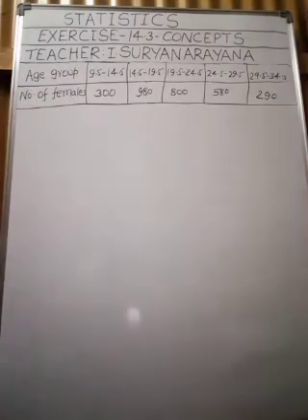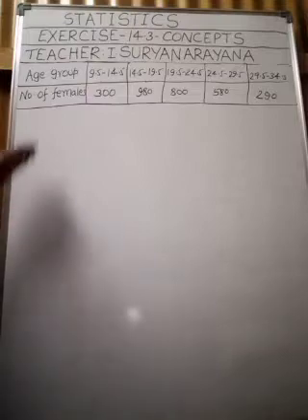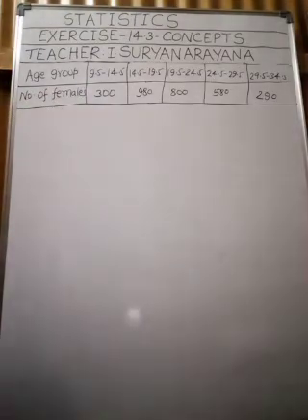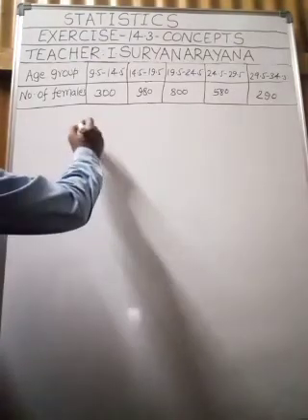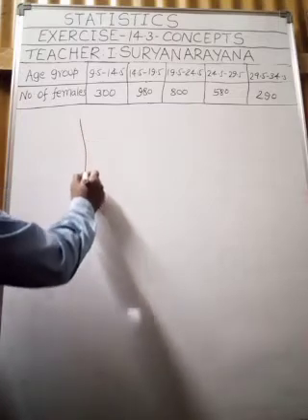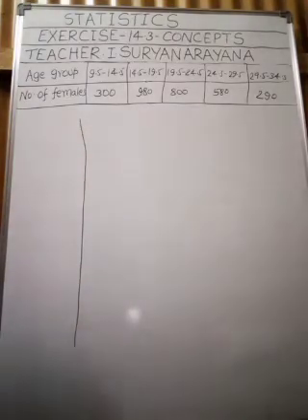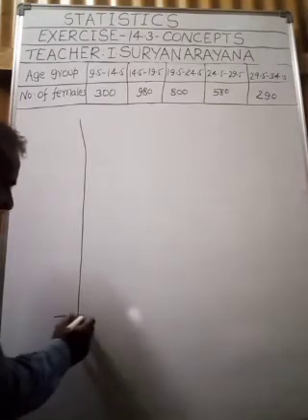This is a continuous frequency distribution. Let us draw the histogram for this frequency distribution on graph sheet only, not on your classwork notebook. Please remember this point, my children.